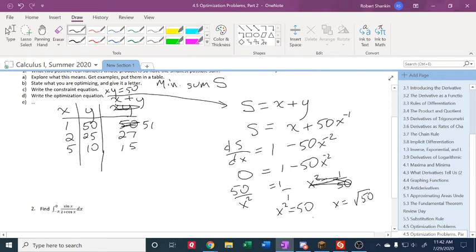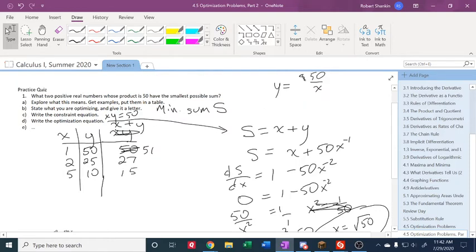So y is also equal to the square root of 50. And that's the two positive numbers. When they're exactly equal to each other, we will minimize this sum. And it makes sense from what we'd seen in the chart over here.